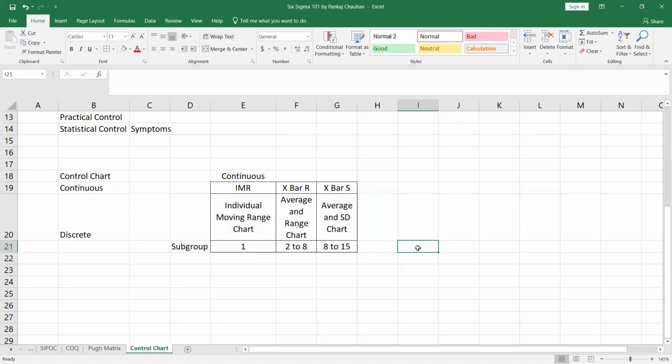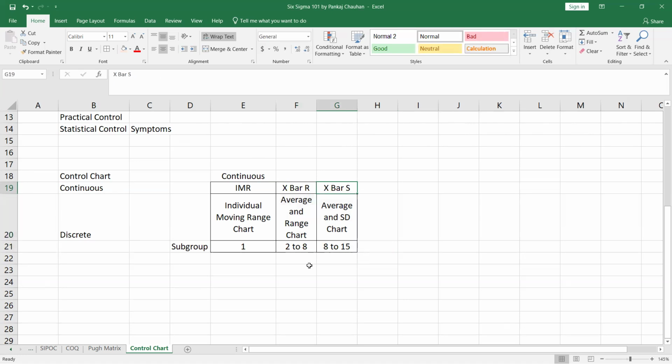Because as per statistics, if you want to measure the variation in data and your subgroup size is up to 7, then the right measure of variation is the range. But as the data sets are 8 or more, the measure of variation we should be using is standard deviation.